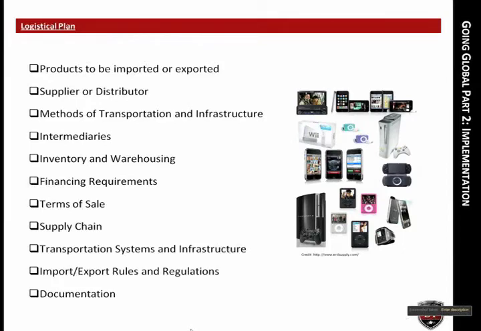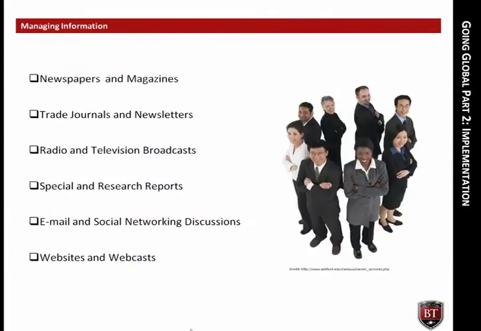Your international business plan must take all of these considerations into account, incorporate all the fundamentals of any business plan, and include the following elements: products to be imported or exported, supplier or distributor, methods of transportation and infrastructure, intermediaries, inventory and warehousing, financing requirements, terms of sale, supply chain, transportation systems and infrastructure, import-export rules and regulations, and documentation.